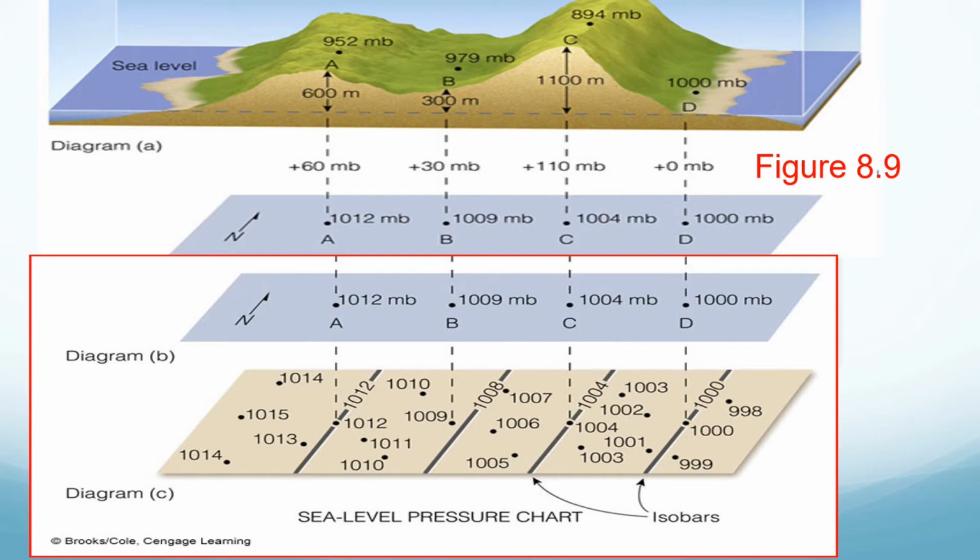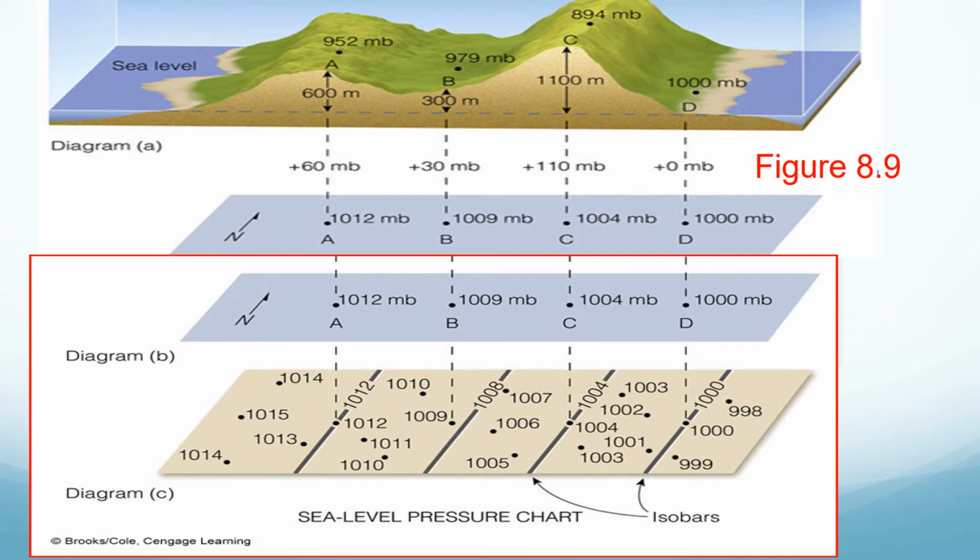For example, follow the 1008 millibar line from the top of the chart southward and observe that there is no plotted pressure of 1008 millibars. The 1008 millibar isobar comes closer to the station with a sea level pressure of 1008 millibars than it does to the station with a pressure of 1010 millibars.